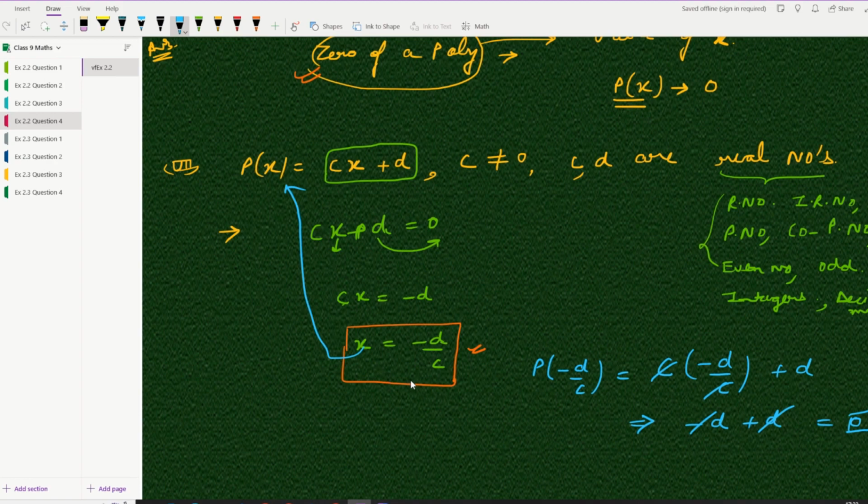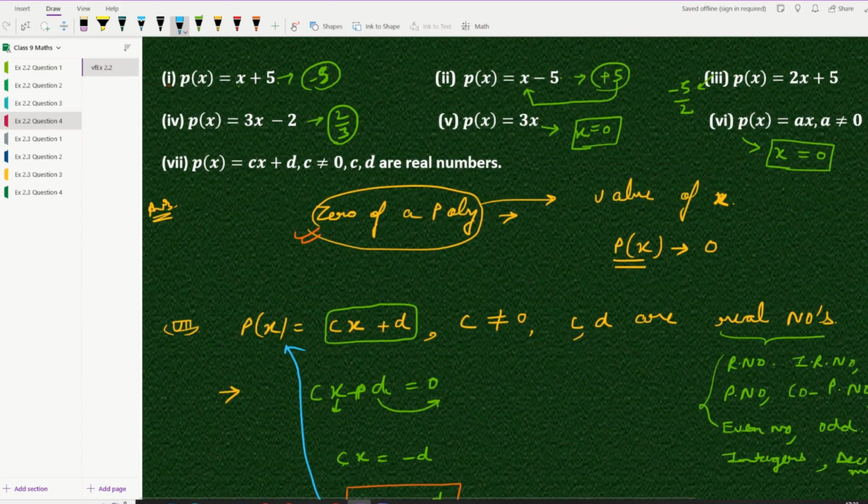This shows that this value of x equals minus d upon c is a 0 of this polynomial. So the answer will be x equals minus d upon c, right? So we have found all the values of the zeros of this polynomial.